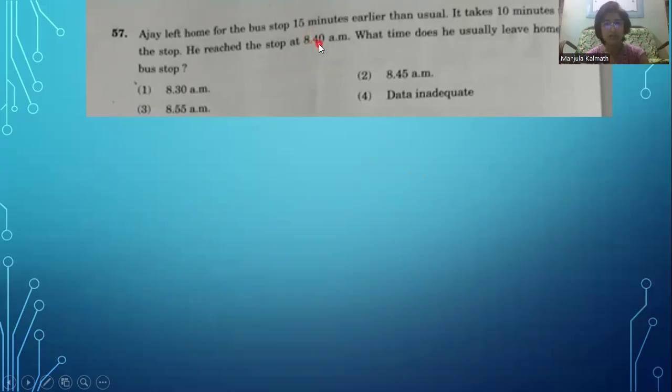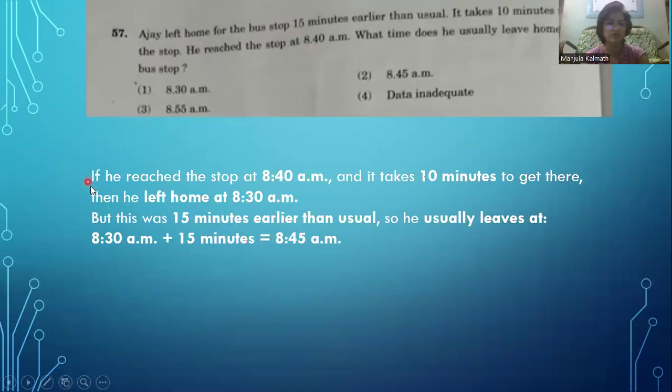Now 8:30 plus 15 will be 8:45. He usually leaves home at 8:45. This is the answer. If he reached the stop at 8:40 a.m. and it takes 10 minutes to get there, he left home at 8:30. But this was 15 minutes earlier than usual. So he usually leaves at 8:30 plus 15, that is 8:45 a.m.